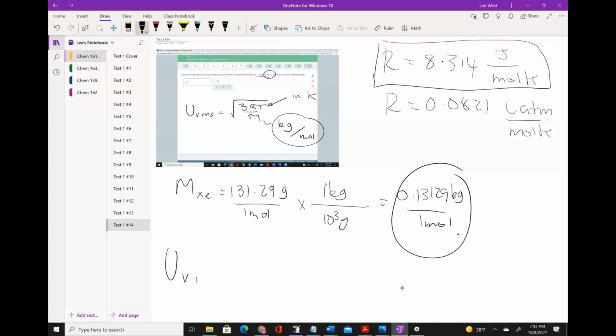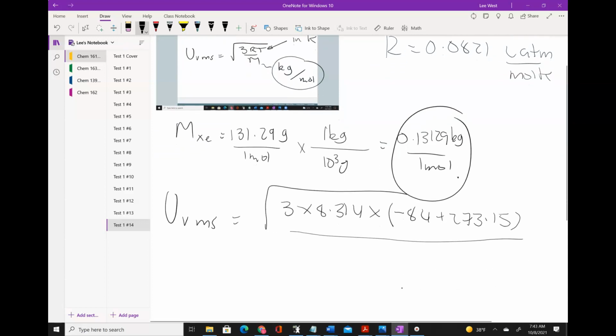Okay, so here we go. Let's just calculate this. It's going to be 3 times 8.314, and then we need our temperature in Kelvin. This was minus 84 plus 273.15. And then we've got to divide all of that by the molar mass expressed in kilograms per mole.